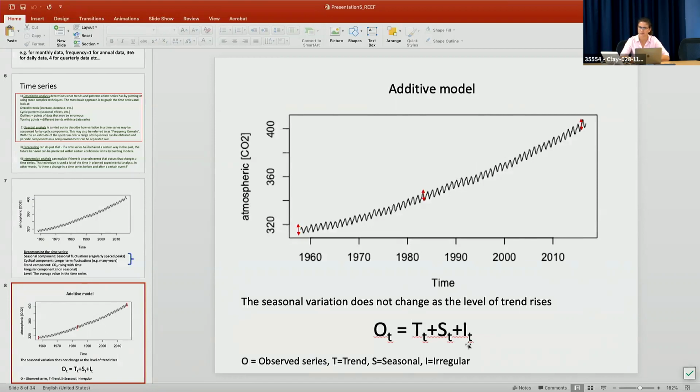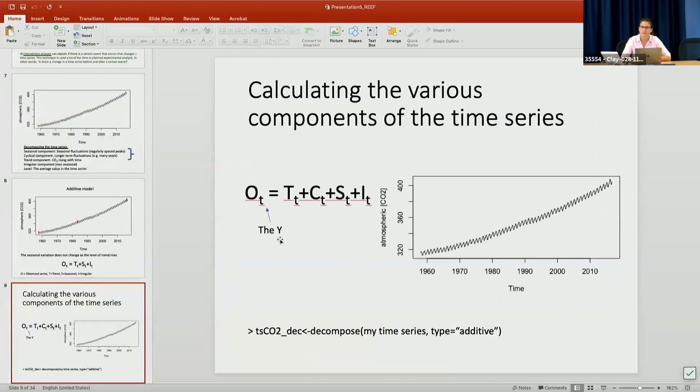Additive models are not always the case. We have cases where that seasonal variation, for example, varies as the trend rises. We see that, for example, with changes in sea level affecting the tidal amplitude. So we can't use additive models in those cases. In this case, we can use an additive model. It's quite clear. The seasonal variation does not change as the level of trend rises. The relationship here is additive. So here's my y, okay, my observed, in this case, CO2 concentration at this time point.